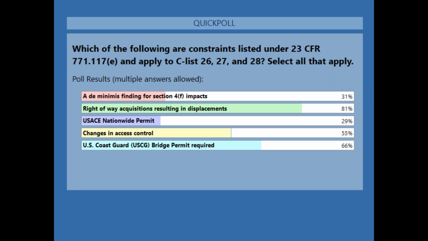One of the right answers was right-of-way acquisitions resulting in displacements, which 81% put in. And the other correct answers were changes in access control at 55% and US Coast Guard bridge permit required at 66%. Perfect, thank you everybody. And without further ado, I will hand it back over to Christine.